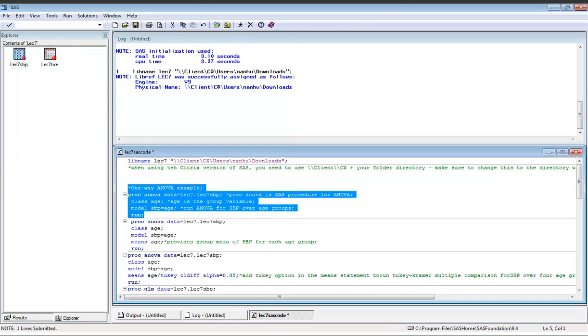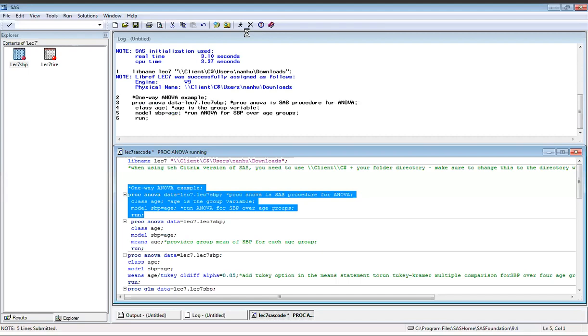All right, so here I can run this model by highlighting it. Again, it's going to be very slow because I'm recording and using the Citrix version.